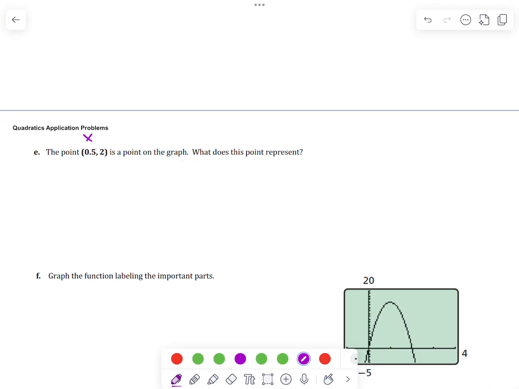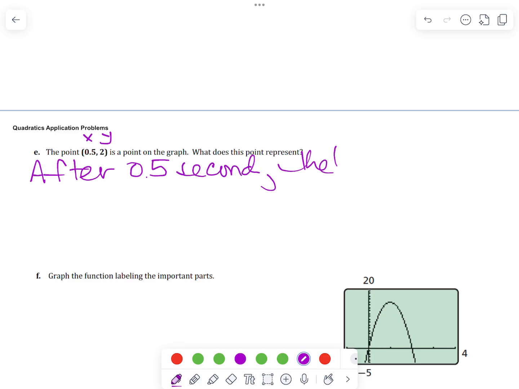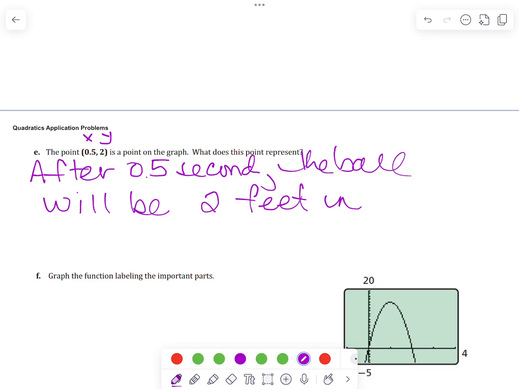So this is the x, and that's the y. So after a half a second, the ball will be 2 feet in the air.